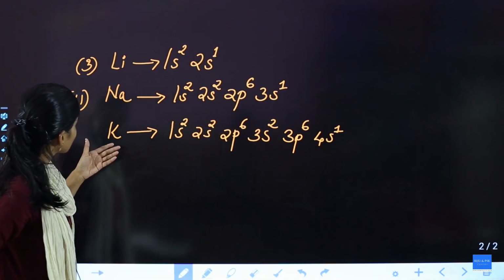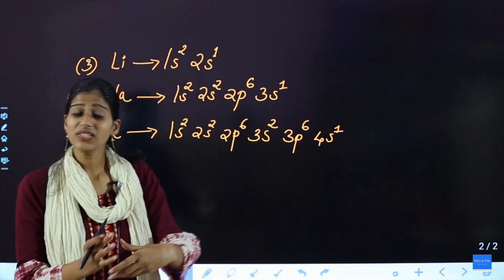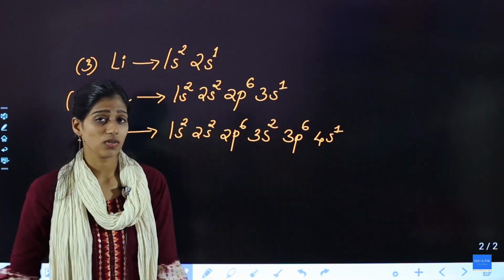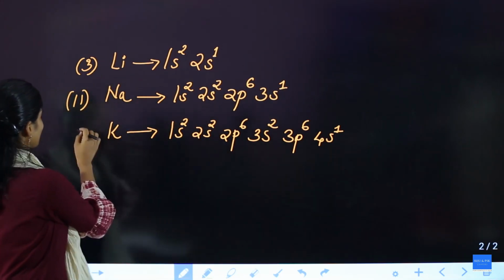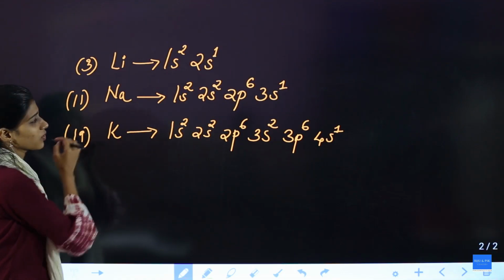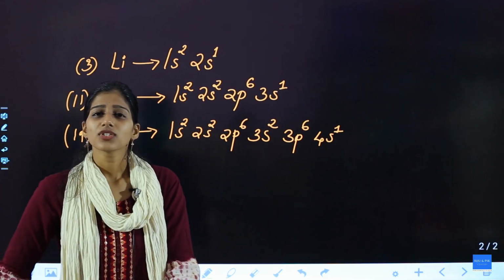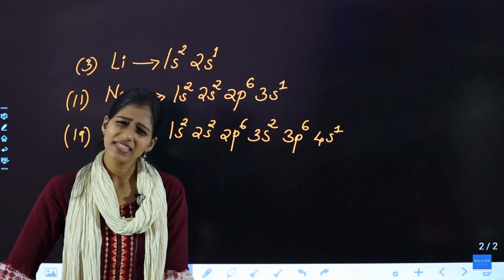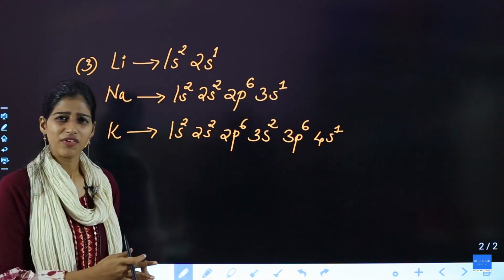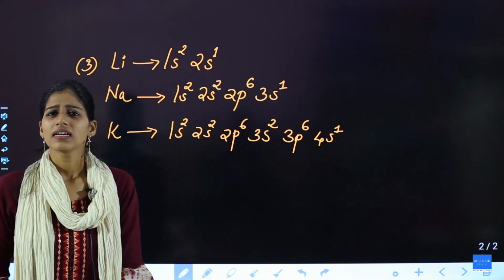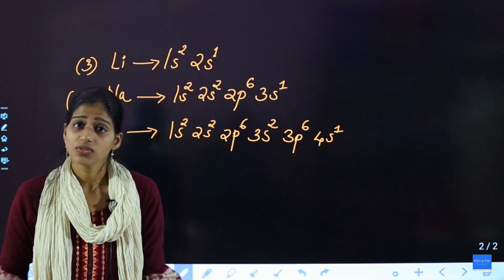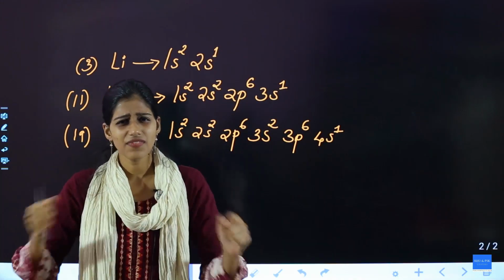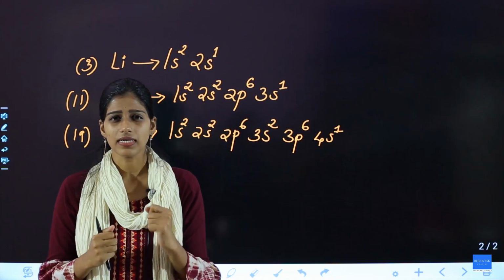When you write rubidium, again you are having a very long electronic configuration. The atomic number of potassium is actually 19. It is always very difficult to write the complete electronic configuration, because when you consider the higher atomic numbers, you are literally getting very long electronic configurations.